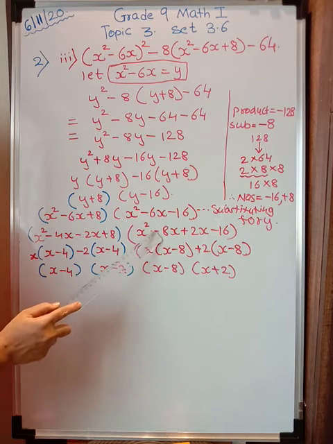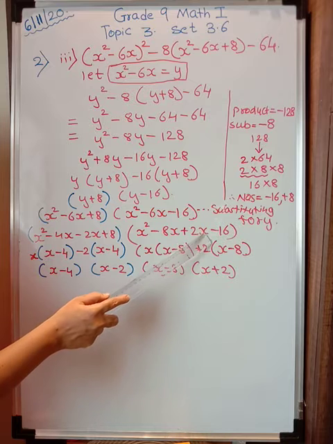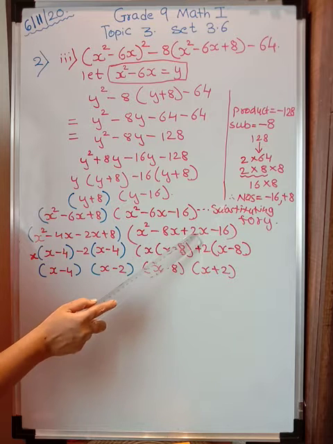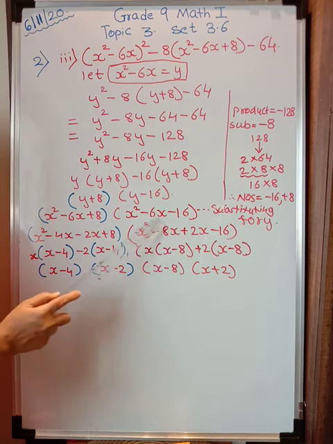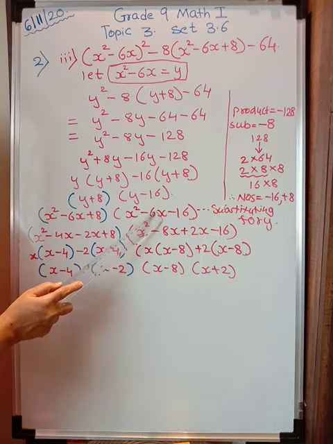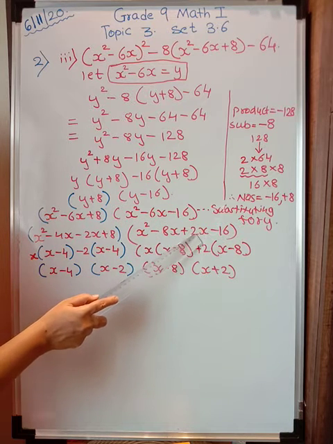So the numbers will be minus 8x and plus 2x. See, minus 8 times plus 2, product is minus 16. Minus 8 plus 2, addition is minus 6. Got it? So this should be plus 2, not minus 2.